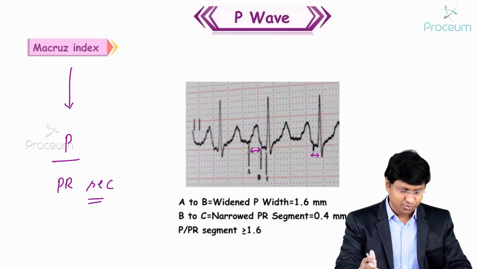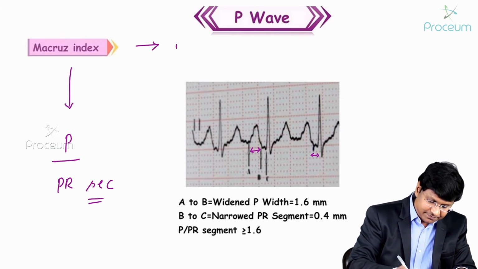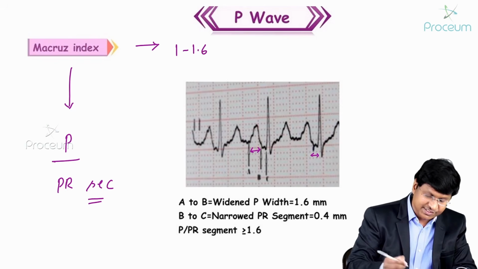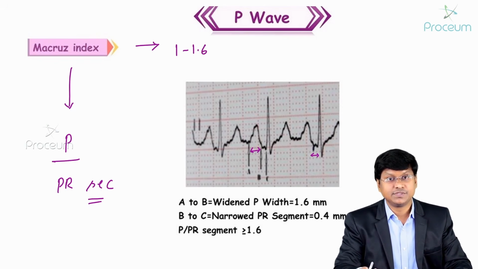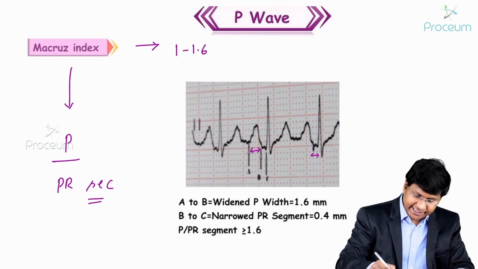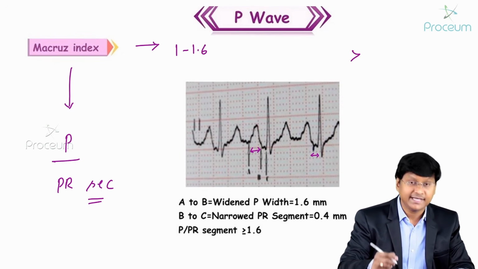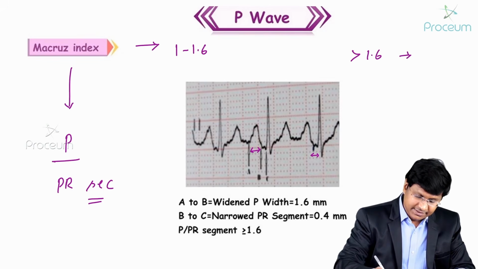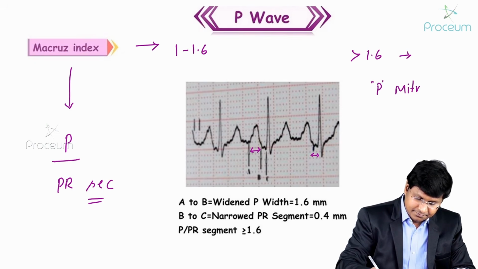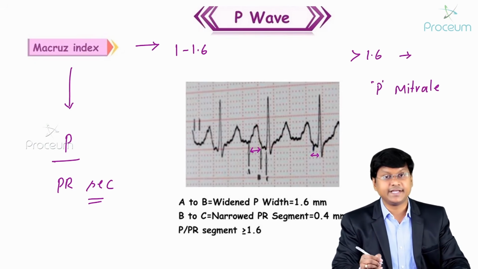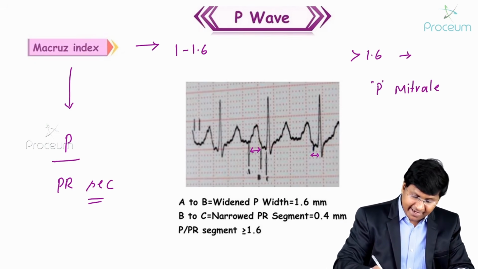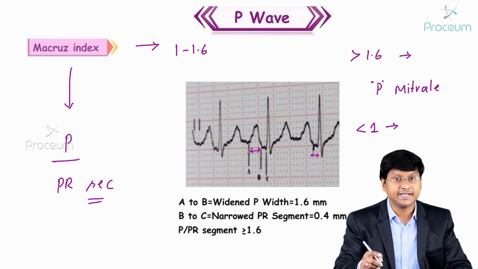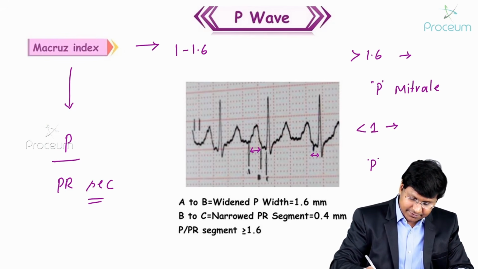The normal Macrous index is 1 to 1.6, whereas if it is more than 1.6, that indicates P mitral. And if the Macrous index is less than 1, then that indicates P pulmonale.